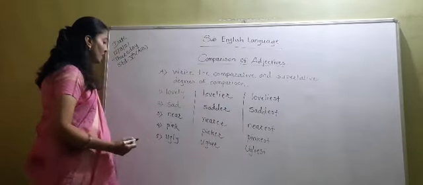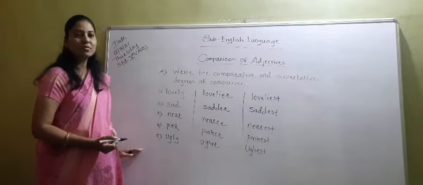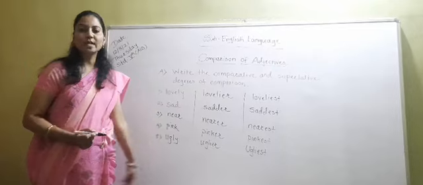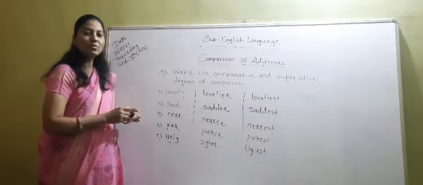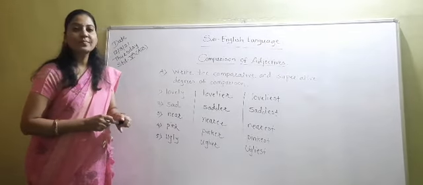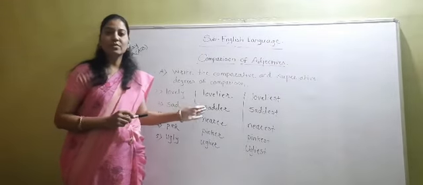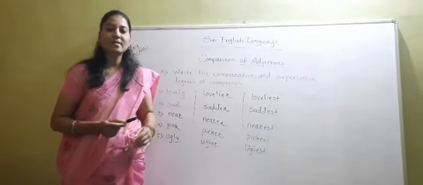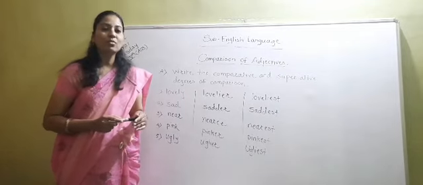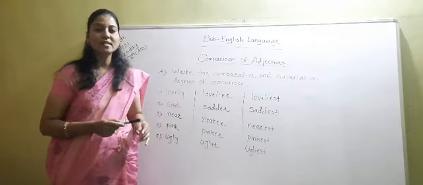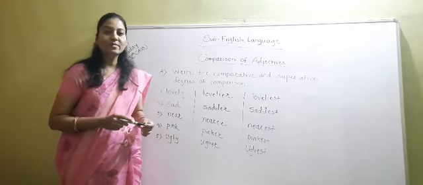Now students, see, I have given you the answers of 5 adjectives, okay, to form comparative and superlative degree. Remaining 5 you have to do as your assignment, okay. So remaining 5 words you have to write down as assignment in your notebook, and don't forget to click a photograph of that answer and send me on my WhatsApp number.